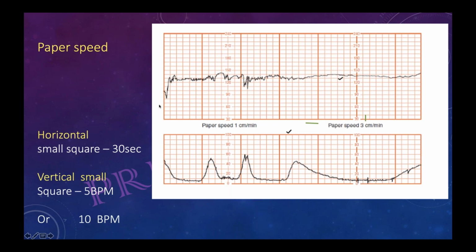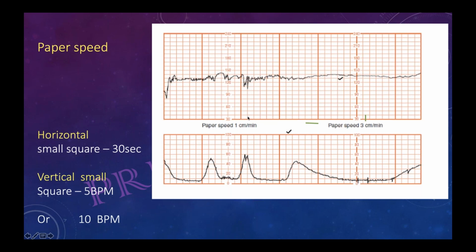Apart from this, we have to know what this 1 centimeter means. This is one big box from here to here, so this is 1 centimeter. If we take a smaller one, it will be 30 seconds.